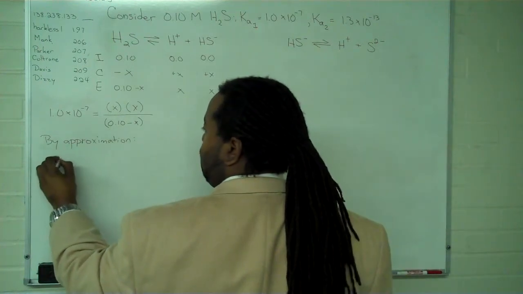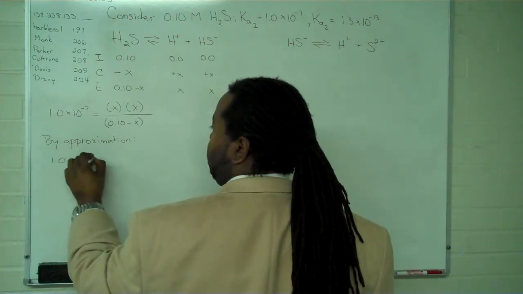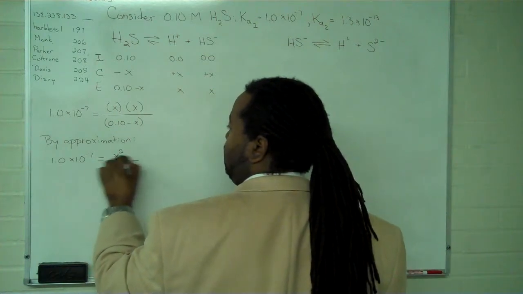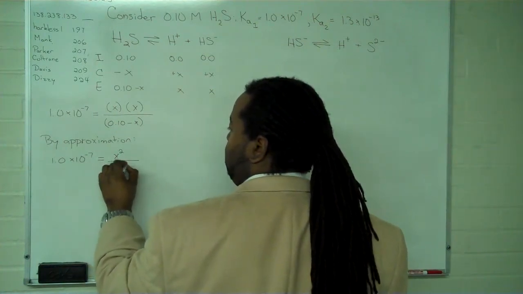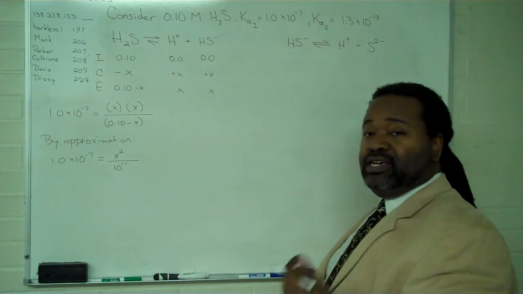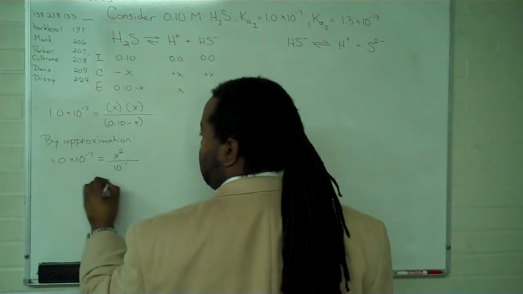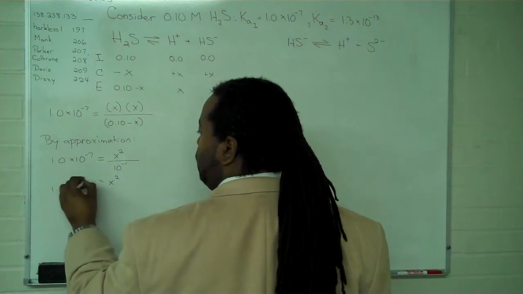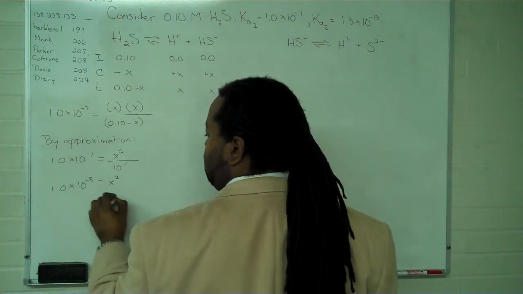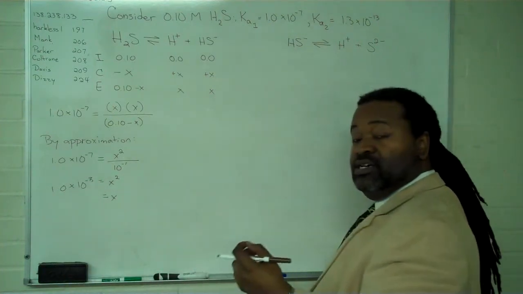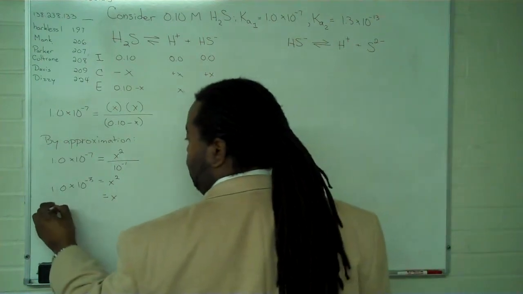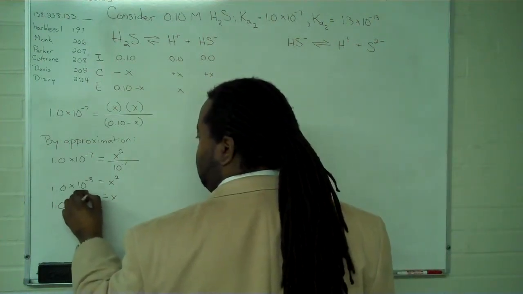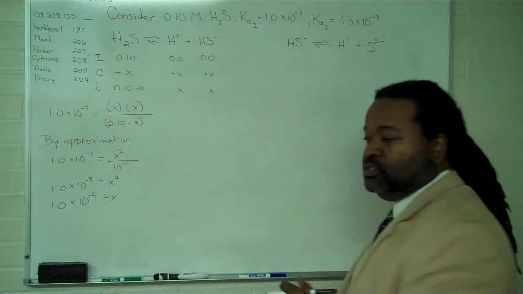So this gives us that 1 times 10 to the minus 7 equals x squared over 10 to the minus 1. This means that x squared is equal to 1 times 10 to the minus 8. So taking the square root of both sides gives us a value of x of 1 times 10 to the minus 4.